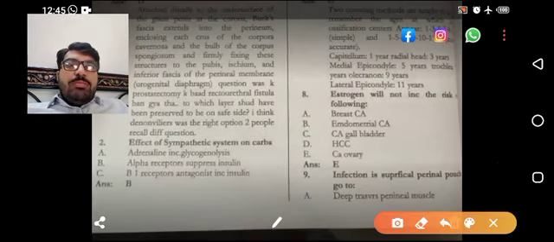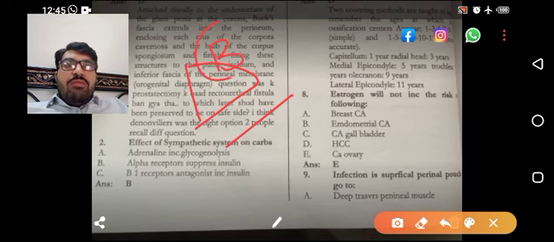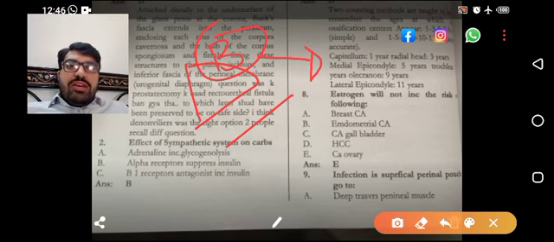Coming next, effect of sympathetic system on carbohydrate. Now A is also right. It increases the glycogenolysis, because in the liver we are having the beta receptors, and whenever there is a sympathetic stimulation, the beta receptors convert the glycogen into the glucose. So this is the right answer.